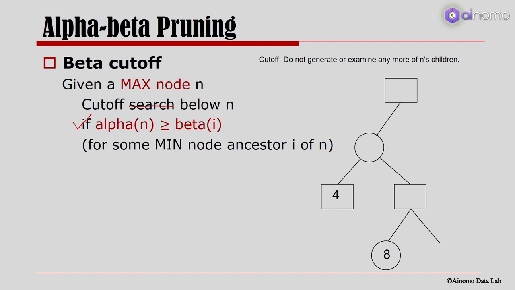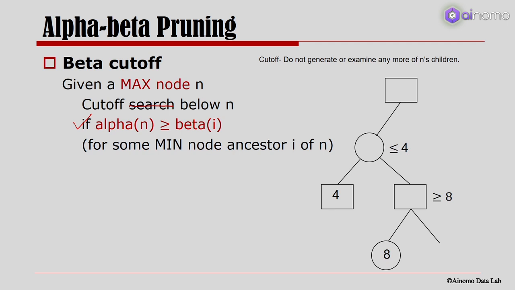So let's take some values for the leaf nodes as shown, 4 and 8 there. Because this is a min node and this is a max node, the possible values are that this node will be greater than or equal to 8, whereas this one will be less than or equal to 4.